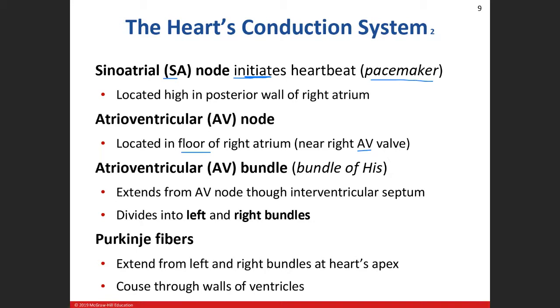So far both nodes are in the right atrium. Easy to remember. From our AV node, we have this little collection of nerves, and we call that our atrioventricular bundle, also known as the bundle of His.